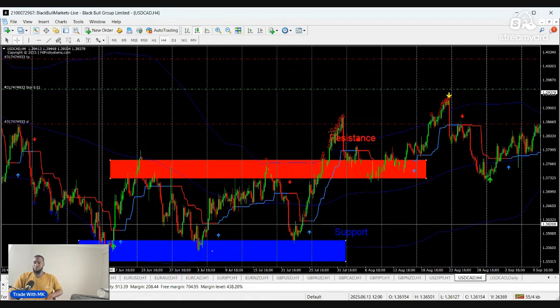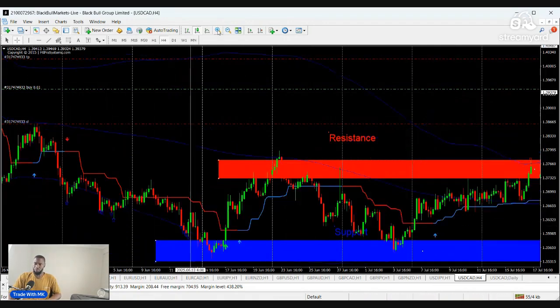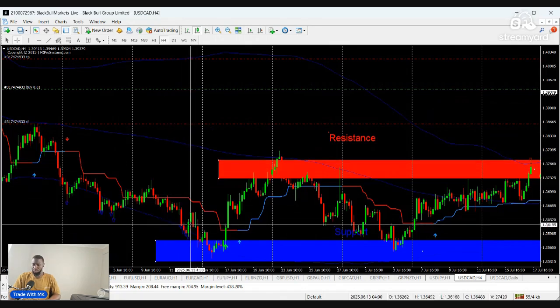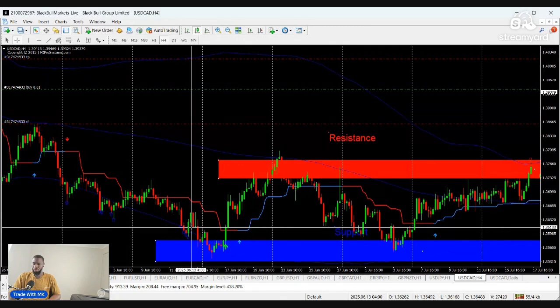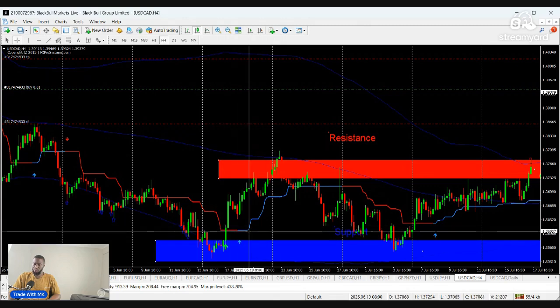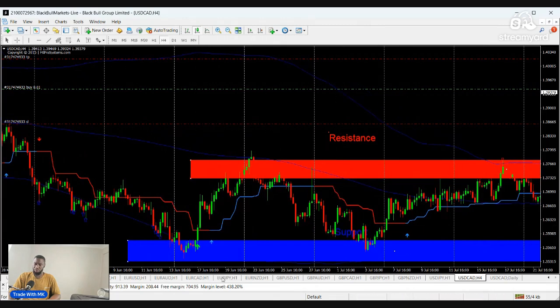So I will be looking for sellers. The price was here on the 13th of June, but then I look for what? I'm looking for a resistance pullback before I enter. Now I've drawn my support line below here because it tested here and went back up.